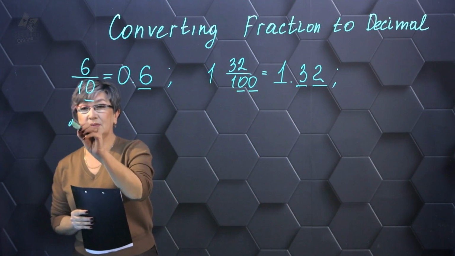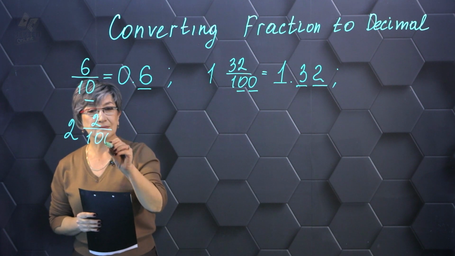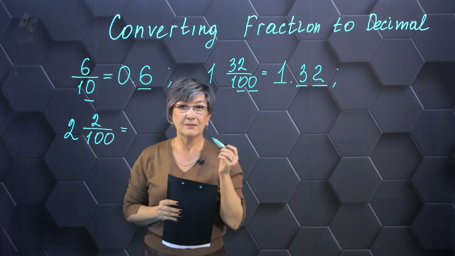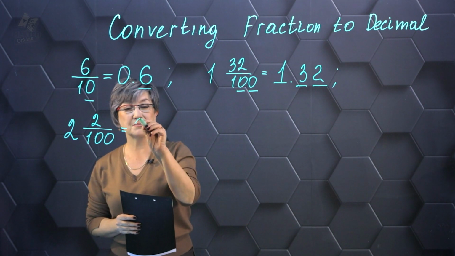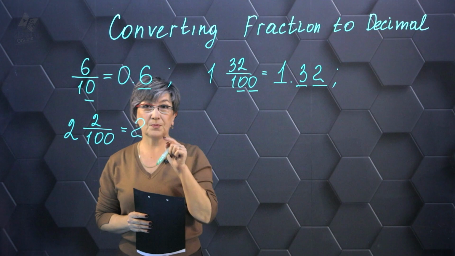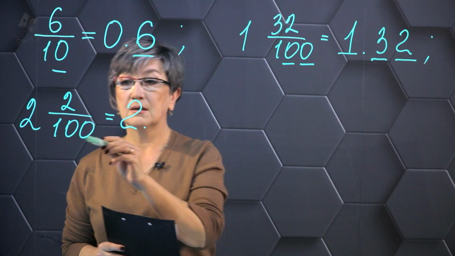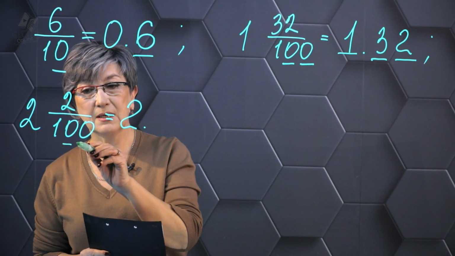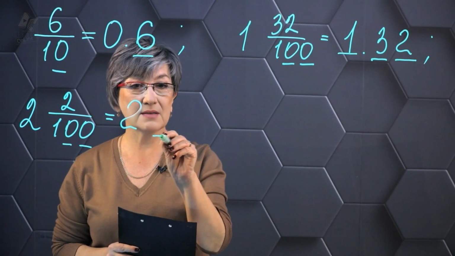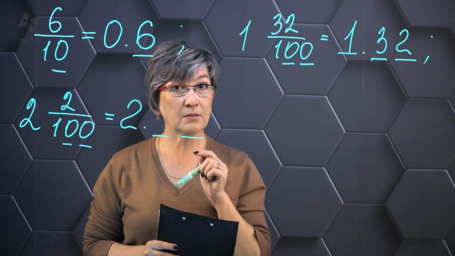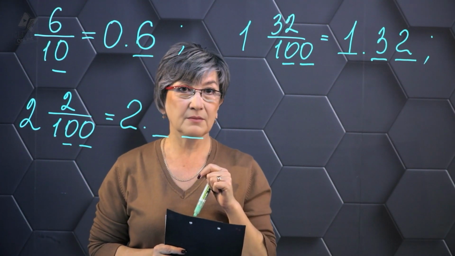So, 2 wholes 2 hundredths. We can easily write down the whole part. That's 2 wholes. I write down 2. To show that it's the whole part, I put a period. Now, after the point, I have to write 2 digits. That is, 1 digit and a second digit, but I only have 1 digit in the numerator.